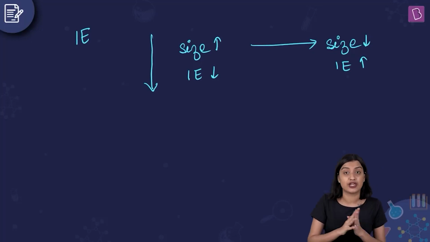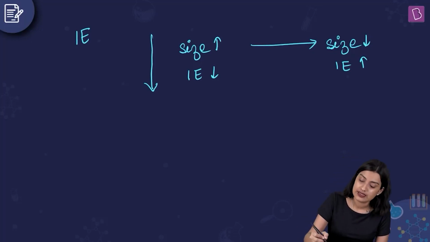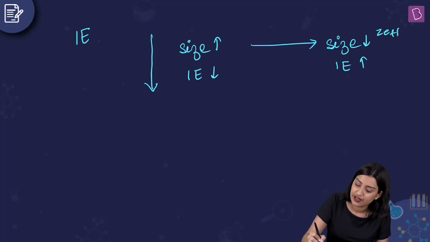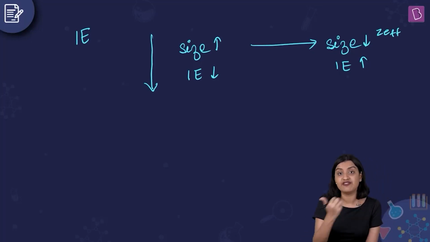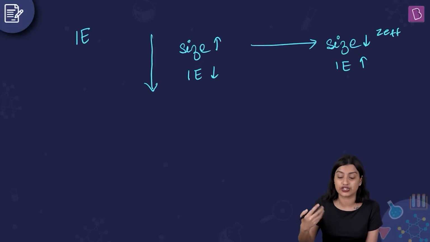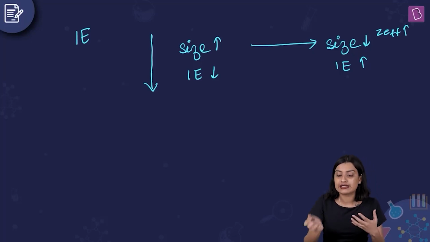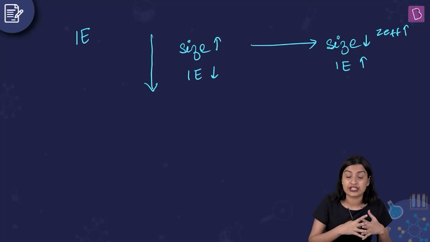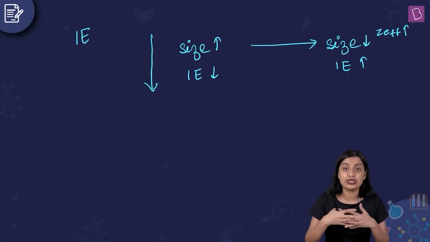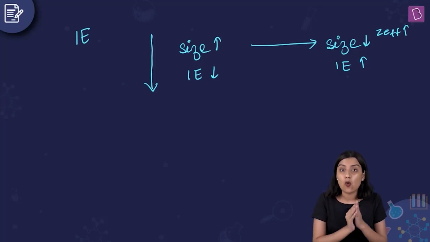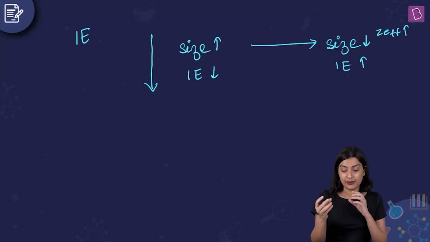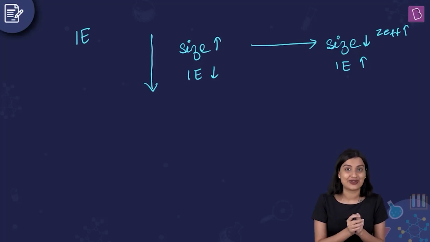One other factor that we need to talk about here is the Z effective, right? Effective nuclear charge. So from left to right, your effective nuclear charge increases, because of which the ionization energy increases. Okay, you need more energy to overcome the attraction between the nucleus and the electron. So yes, this is what happens.